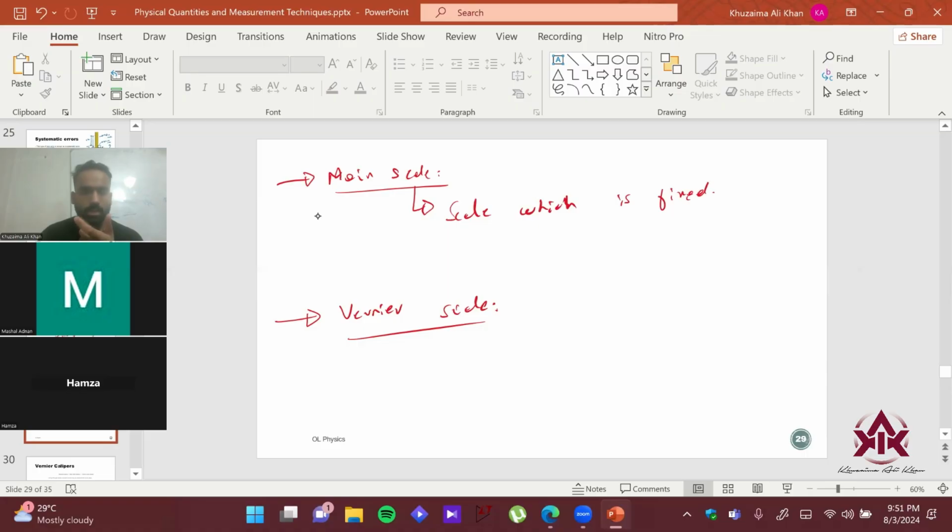And we know it is in millimeters. And vernier scale is the movable scale, ठीक है, which can slide over the main scale, right?